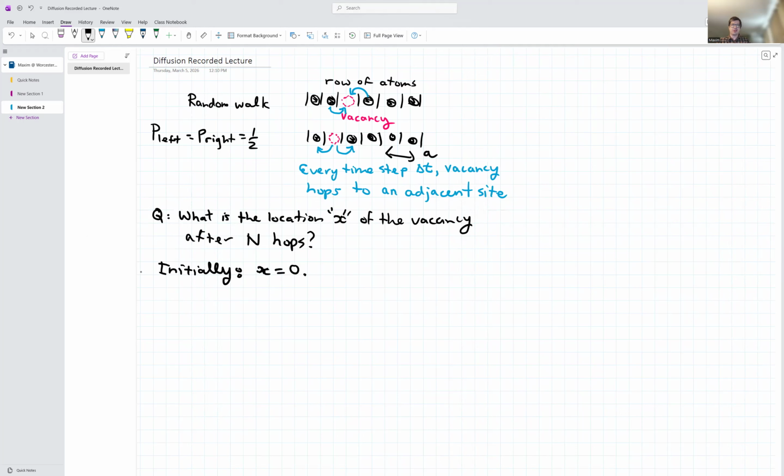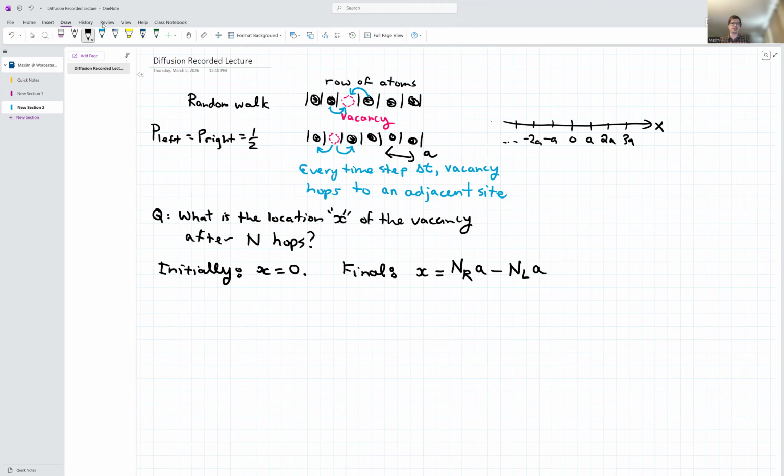And so the final location must be the number of steps that we hop to the right times A minus the number of steps that we hop to the left times A. You can think of this as our X direction. We start at 0, and every time step we hop either to the left or right. So we either go to plus A or 2A or 3A here, or minus A, minus 2A, and so on.